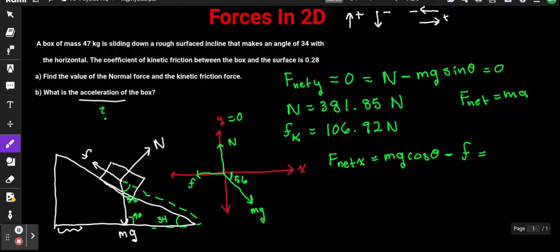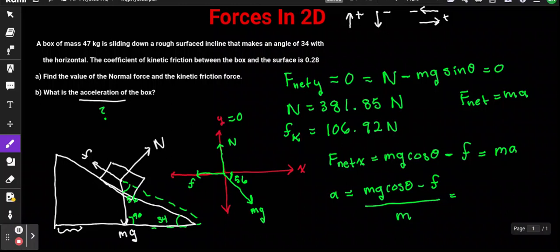Since we don't know if this is balanced, all we can say is that this is equal to our mass times acceleration. In order to solve for acceleration, we simply divide both sides by m, and this tells us that acceleration is equal to mg cosine theta minus the force of friction, divided by our mass again.